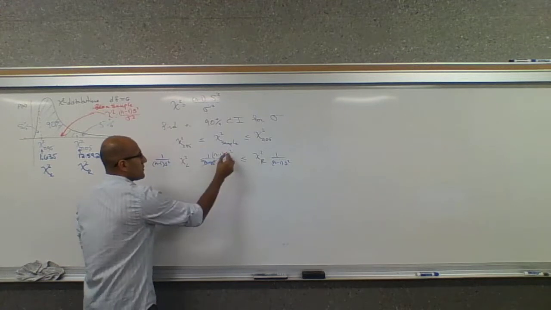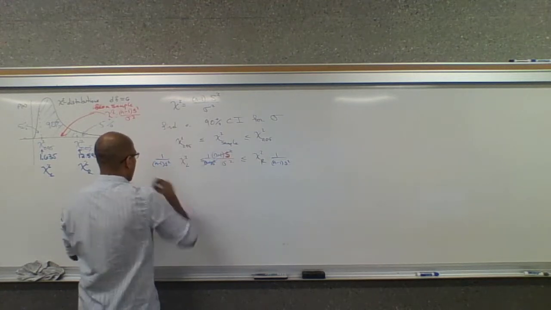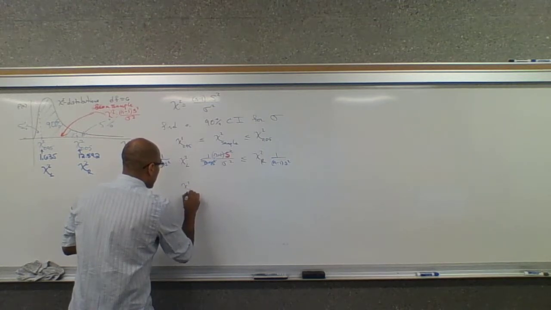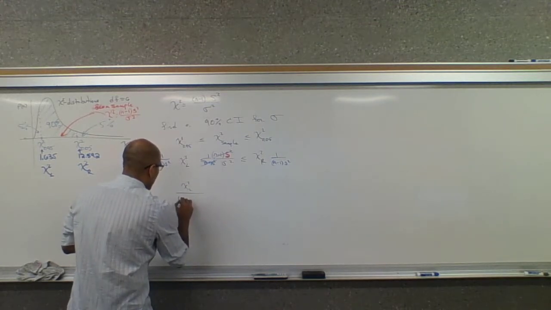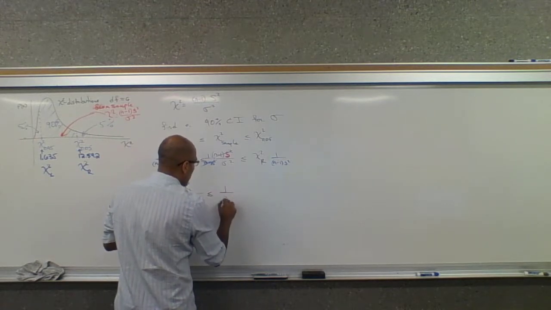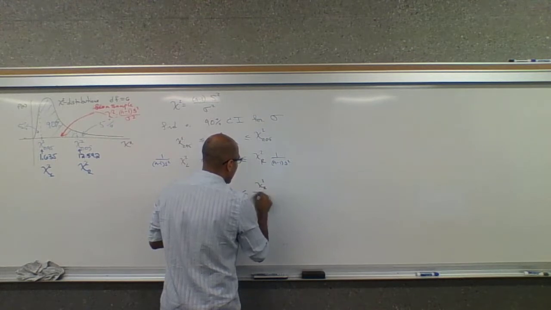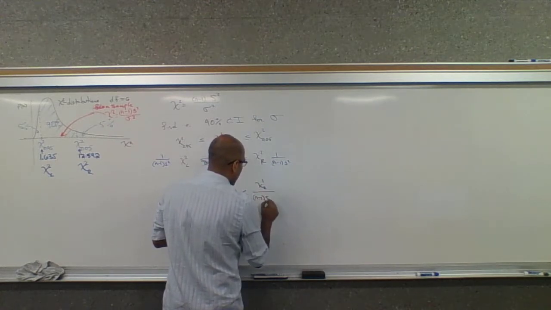That'll cancel these guys, and so I'll be left with the following: chi squared left over n minus 1 s squared is less than or equal to 1 over sigma squared, which is less than or equal to chi squared right over n minus 1 times s squared.